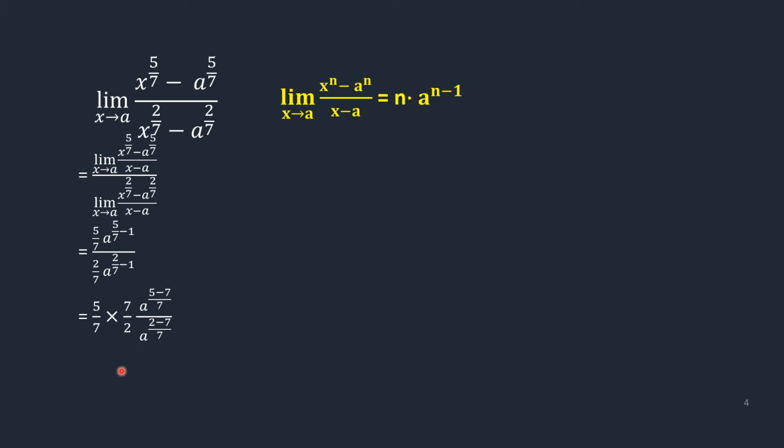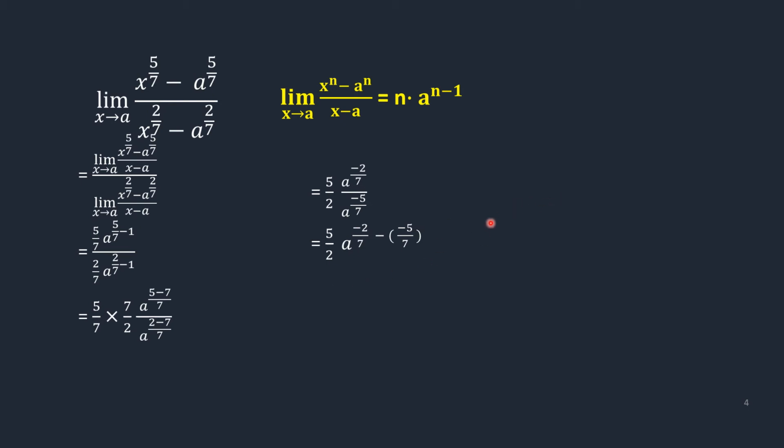Here 7 will get cancelled and the value becomes 5 by 2 a to the power minus 2 upon 7 over a to the power minus 5 upon 7. Now we can apply the law of indices: a to the power m divided by a to the power n is equal to a to the power m minus n.